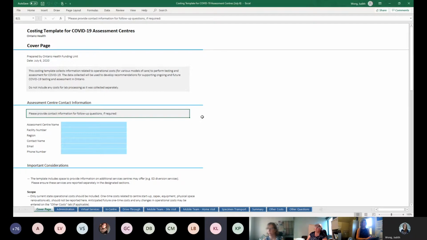But we're hoping that it is general and comprehensive enough for you to be able to give us some meaningful information. So with that, I'm going to pass the mic to Judith, who is our methodologist on the team, who will walk you through the template assumptions and organization, and emphasize some points, and then we will take questions.